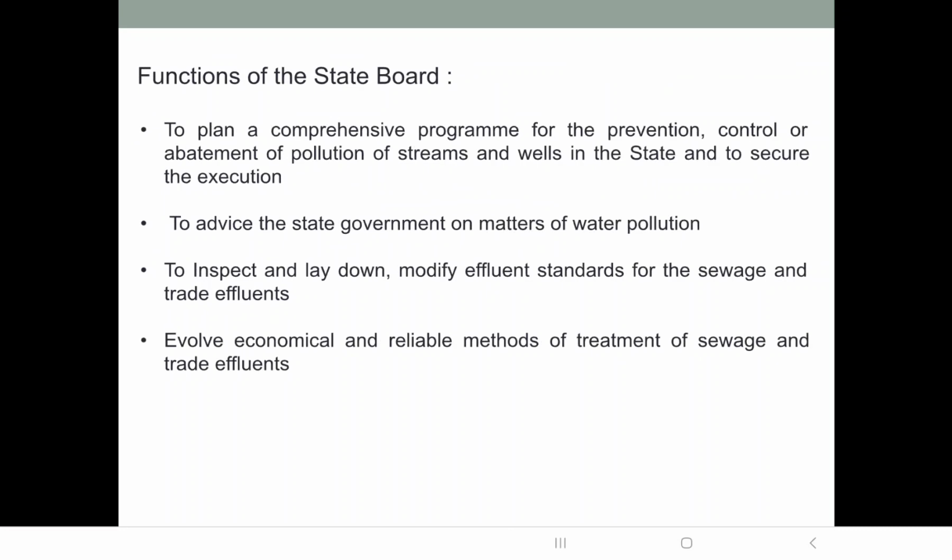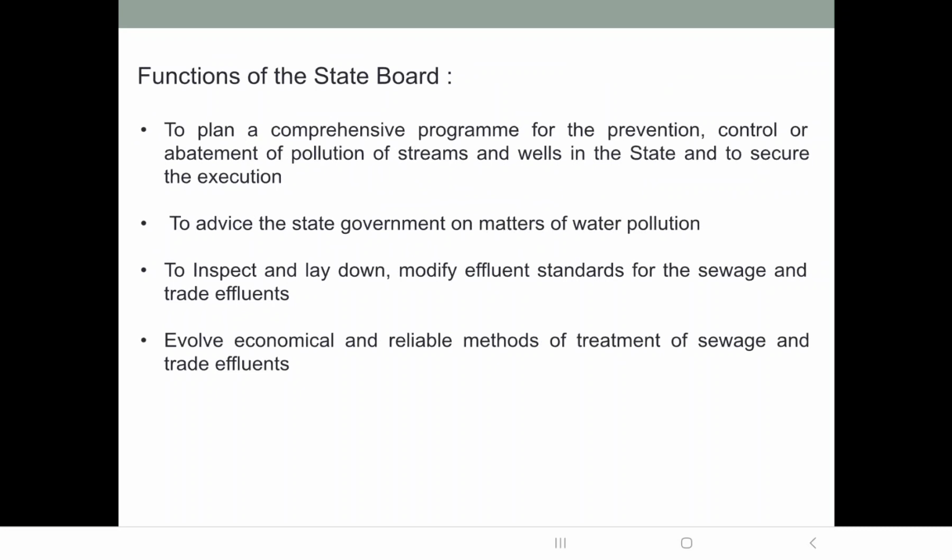Then the state board, again there is a comprehensive program in terms of prevention, control, and abatement of pollution of streams and wells, and its execution. The comprehensive program is prepared by the state government or the state board. It advises the state governments on the matters.